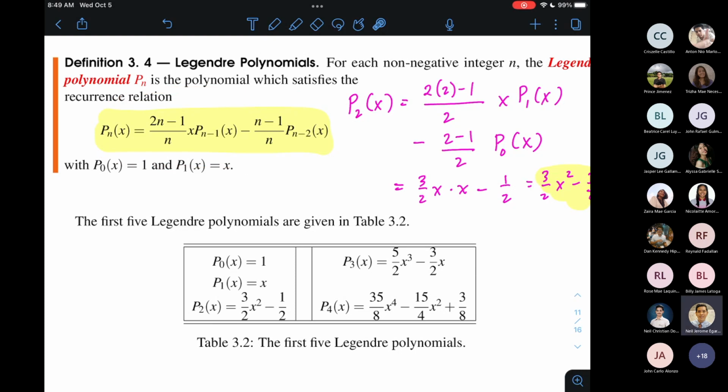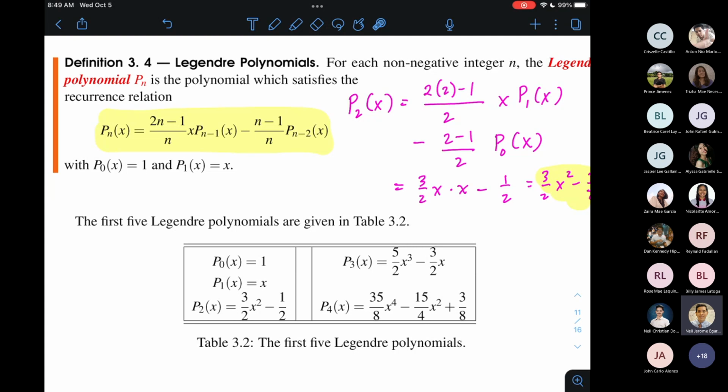But be careful when using those intrinsic commands kasi hindi lang isang klase yung mga Legendre polynomials. So I'm just calling them Legendre polynomials here or Chebyshev polynomials above because these are the basic ones. But in higher math, marami pang klase ng Chebyshev polynomials. May Chebyshev polynomials of the first kind, of the second kind, and ganun din sa Legendre.